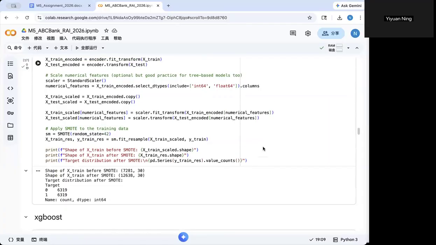And for the metric selection, I mainly use the ROC AUC because the dataset is imbalanced, with only 13% positive cases.